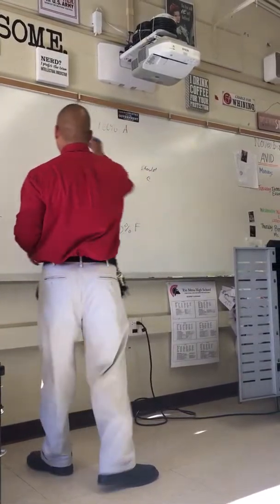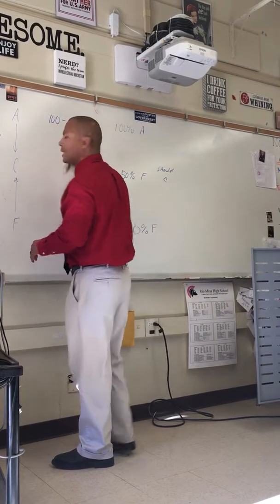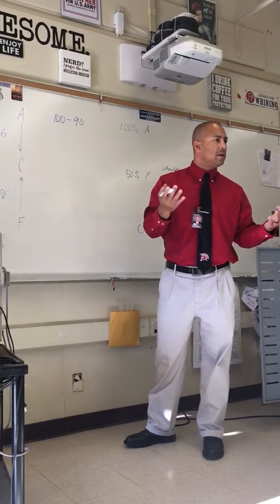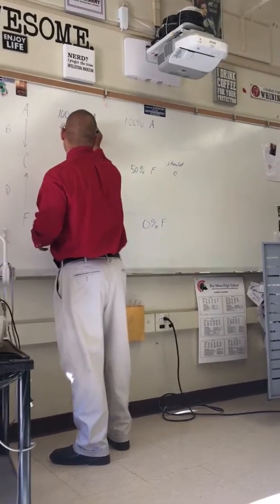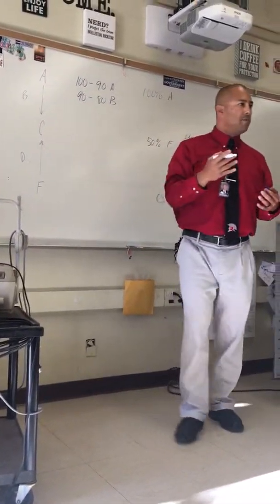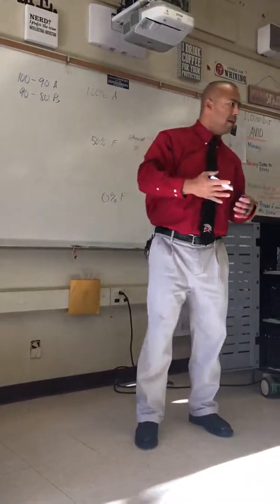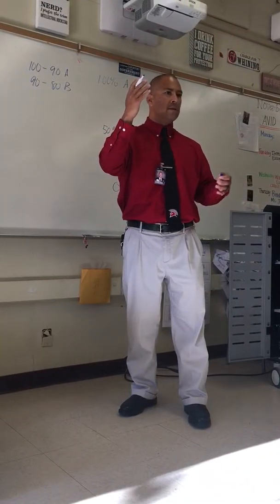There's a mathematical problem with how we assign grades. 100 to 90 on average is what? A. 90 to 80 is on average? B. So for example, if you got an 89%, you probably have a B plus, right? You get that? Raise your hand if you know what's next.